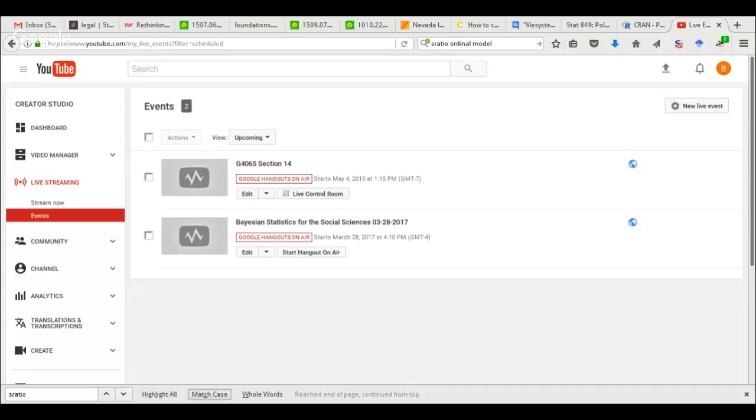RStanArm doesn't have anything in that regard yet. It only has model fitting functions for outcomes where the outcome is scalar for each observation. So we're actually not going to get into any of these possibilities today and may not get into them Thursday.